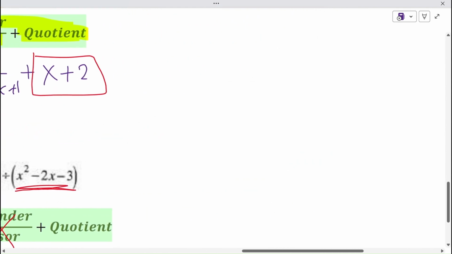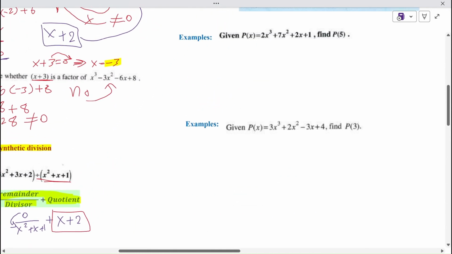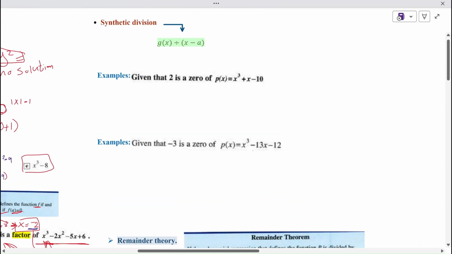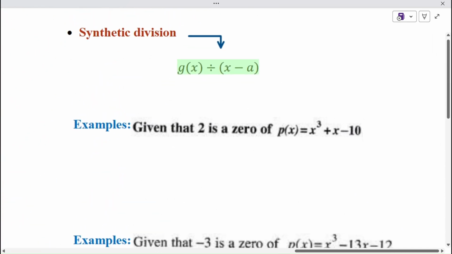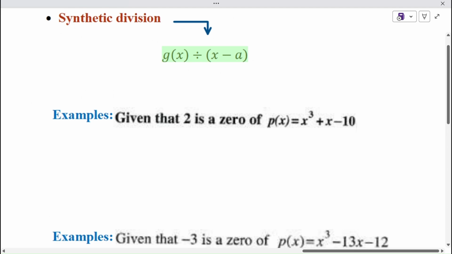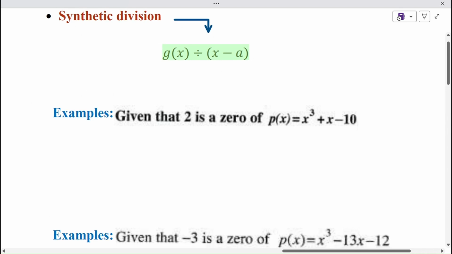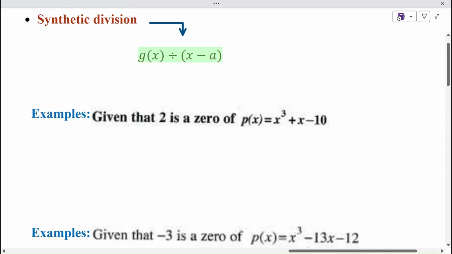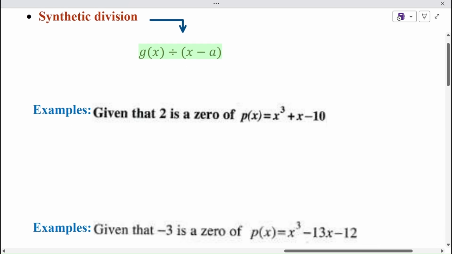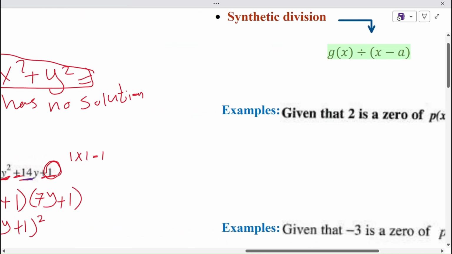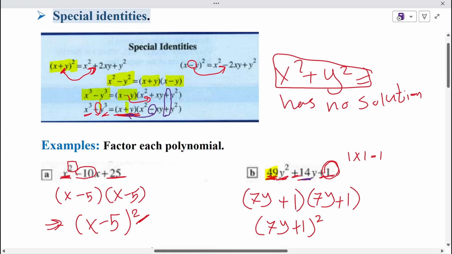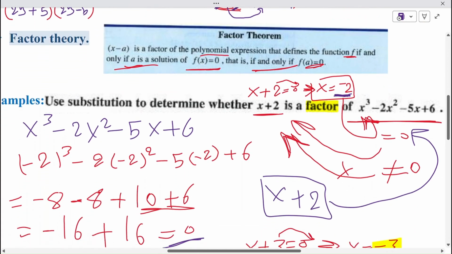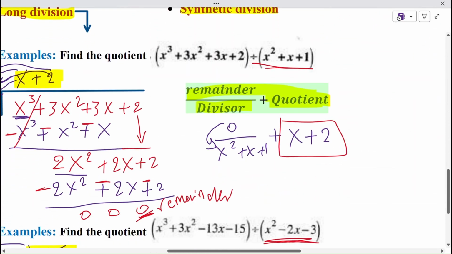What about synthetic division? How can we know this is synthetic, or how can we know this is long division? For long division, our question says find the quotient. Look at this one.